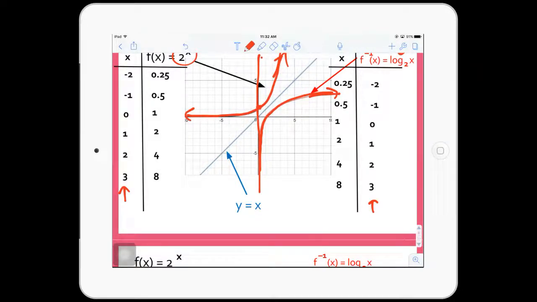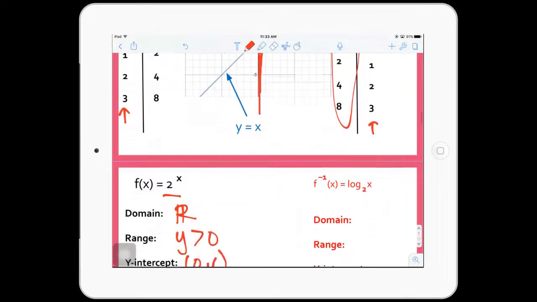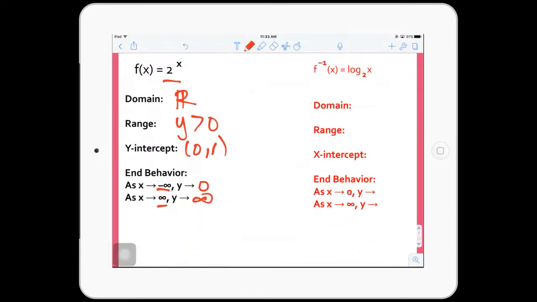The negative values do not exist. Right here, take a look at this list. Everything is positive, so we cannot take a negative logarithm. So the domain becomes x greater than 0. And you also cannot take the logarithm of 0.